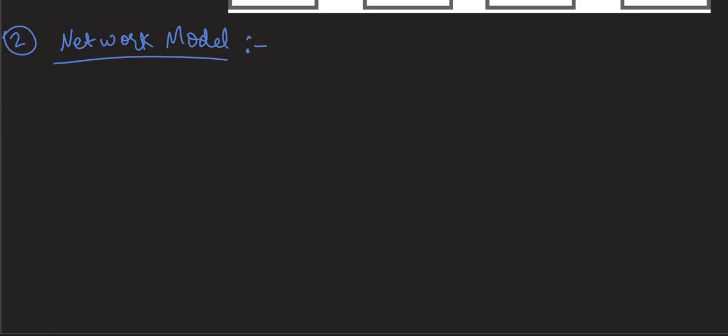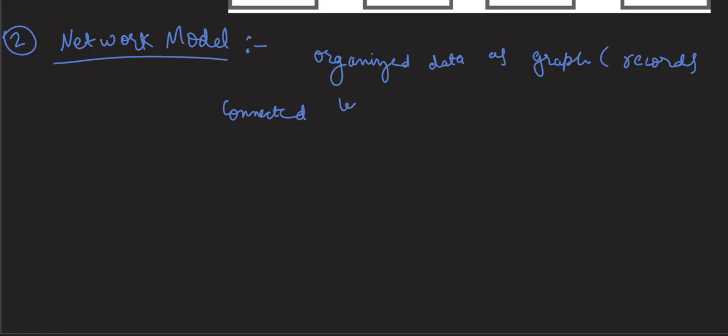So let's understand what a network is. It organizes data as a graph, records connected by links. Okay.